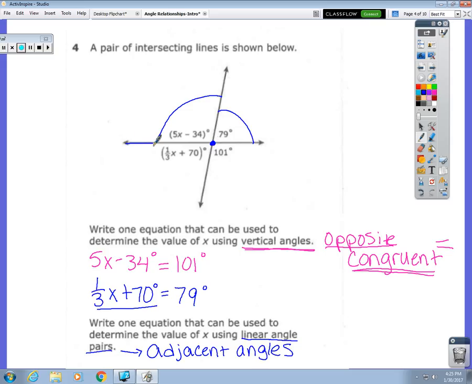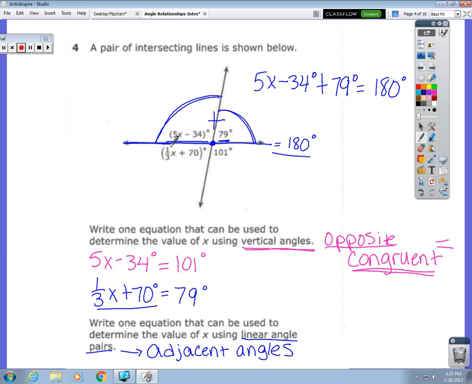They also are along this straight line. So when this angle and this angle are squished together, they make a straight line, and a straight line is equal to 180 degrees. So the equation that we could write is going to be 5x minus 34 degrees plus this, plus 79 degrees is going to equal 180 degrees.